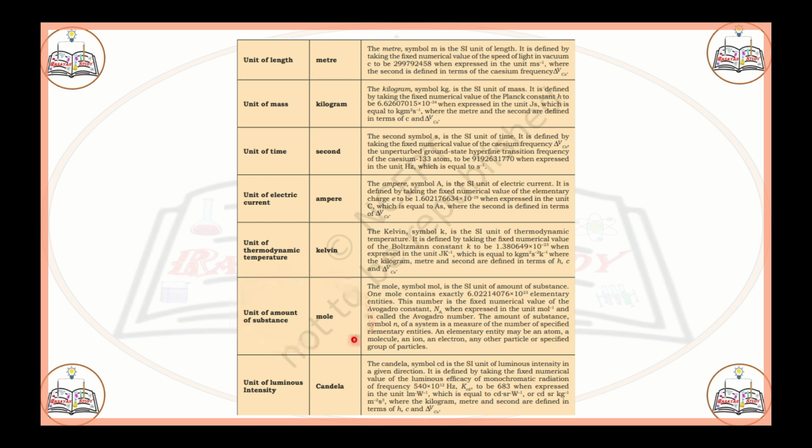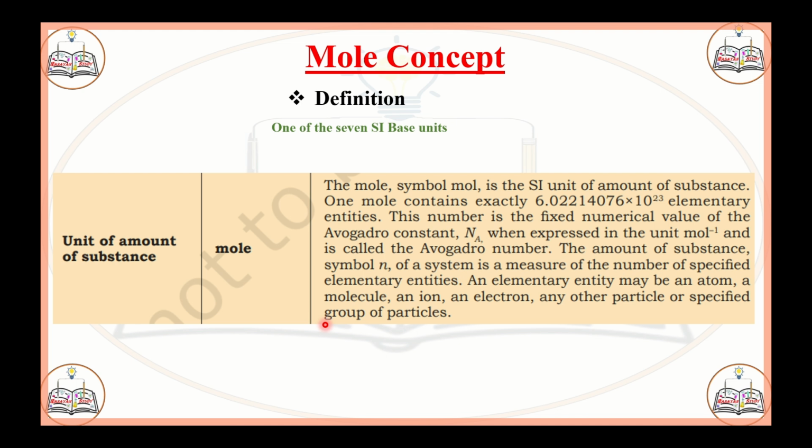So here we are talking about the unit mole, and as it is given here, the mole is the SI unit of amount of substance. It is exactly 6.022 into this big number, but for simplicity we take it as 6.022 × 10^23 elementary entities.